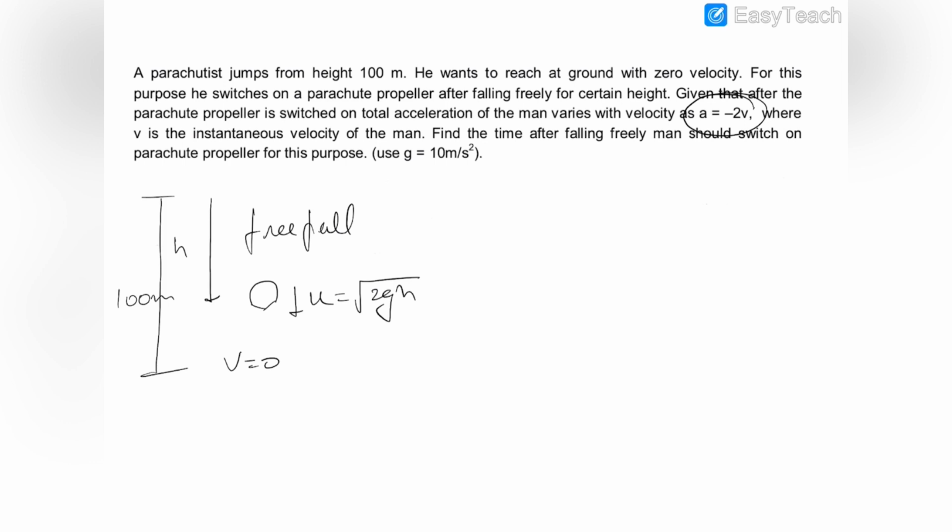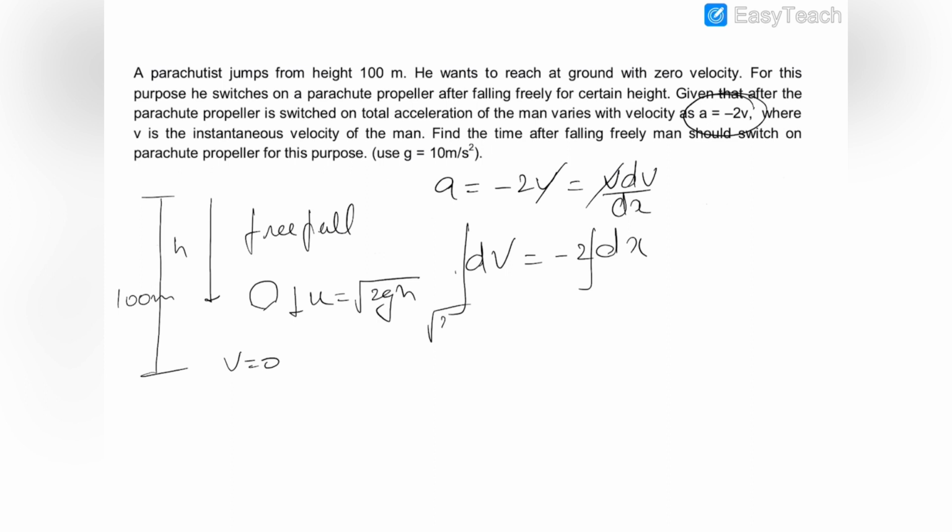Now acceleration is minus 2v, and it is v dv by dx, and cancelling v with v, dv will be equal to minus 2 dx. Integrating both the sides, the limit of v would be from under root of 2gh to 0, and the limit of x would be from 0 to the height, which is 100 minus h.